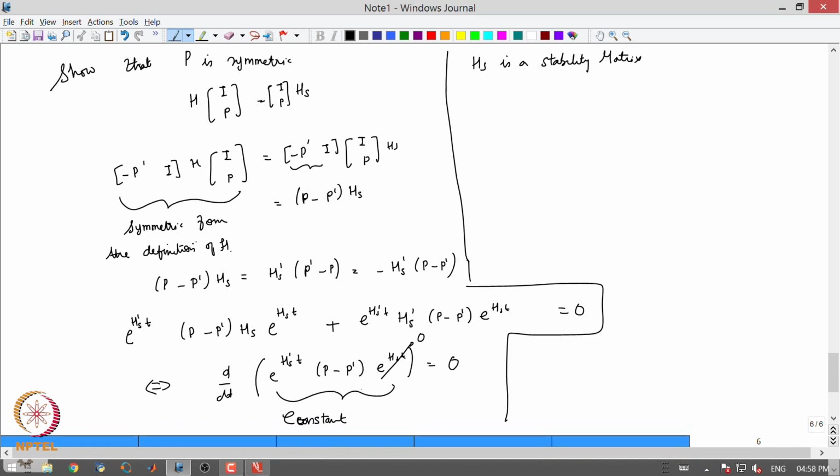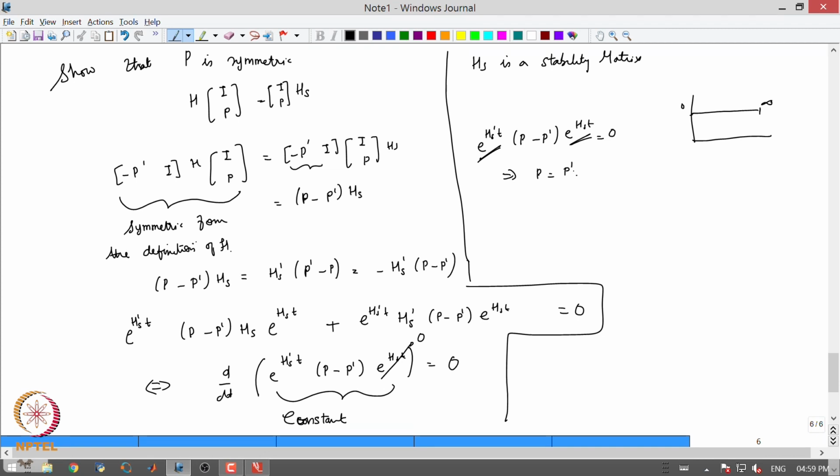So whatever is the value at infinity should also be the value at 0. Therefore, the value of this function should be 0 for all t. So you have e power Hs transpose t, P minus P transpose, e power Hs t equal to 0, because at infinity it is 0, it should also be 0 over here. Now, these exponentials are invertible, so the only option left is for P to be symmetric.